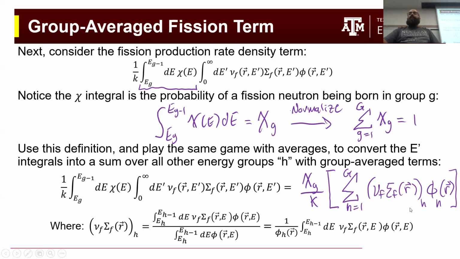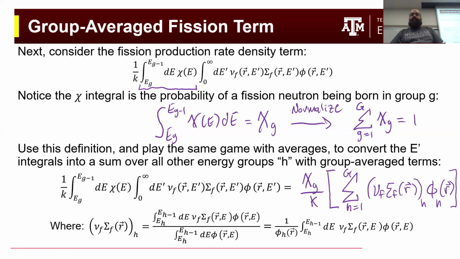What's in the brackets here is basically my total production rate density. It's the neutrons per unit volume per unit time from every single energy group. And when I multiply that by chi g, it gives me the fraction of that total that's born into the group little g.